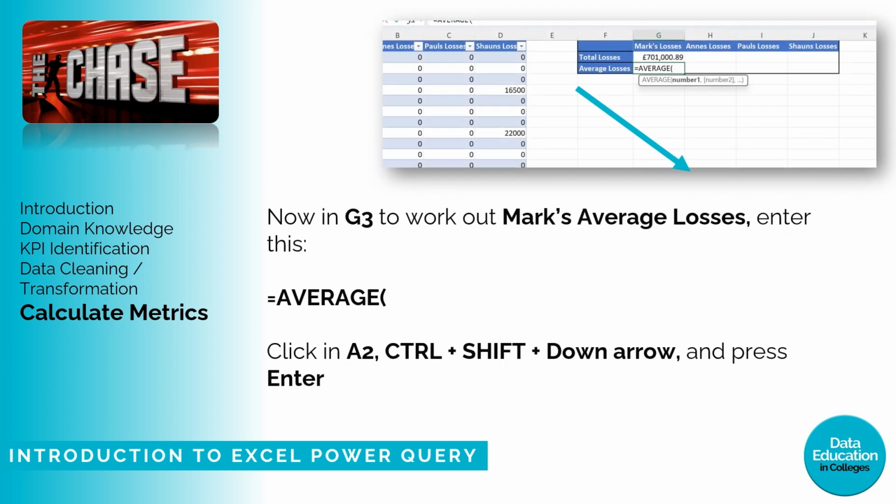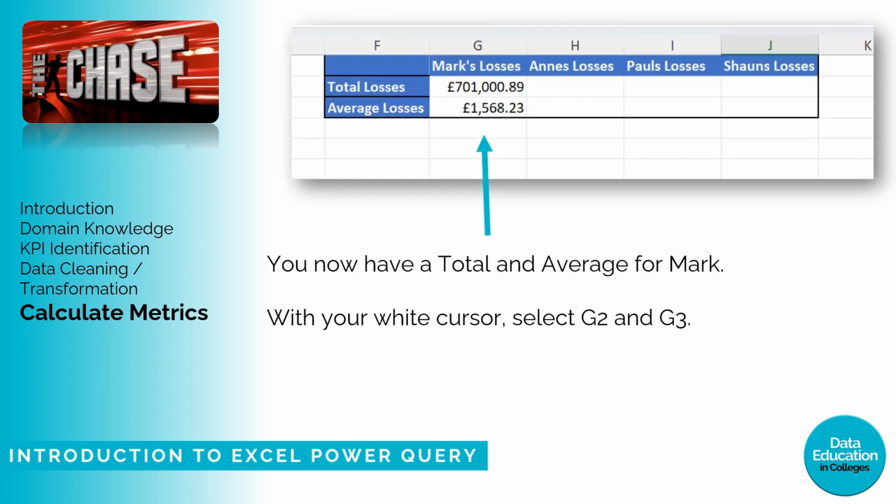That's Mark's total. Now in G3, work out Mark's average: equals average, go to A2, Control Shift down, press Enter. You now have a total and average for Mark. Select G2 and G3, hover over the bottom right hand corner until you get your fill handle back again, and just drag along to the right.